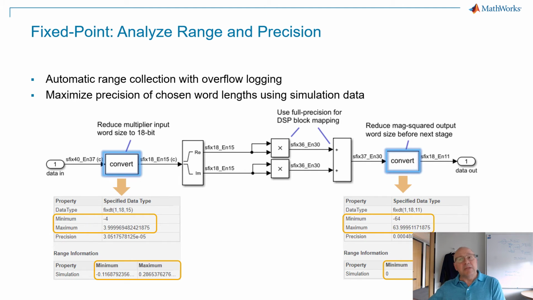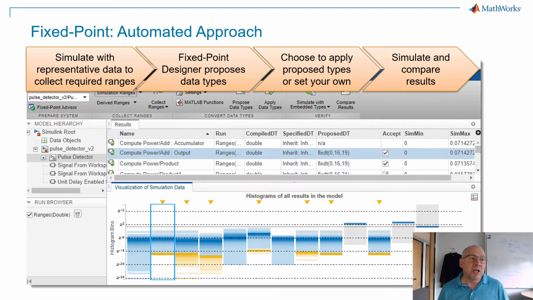So if you're really putting in representative data, no matter where you got it from, other simulations, you constructed it artificially, or maybe you acquired it from some other source, now you can look at the ranges and make engineering decisions of how much precision you want to retain. So that's what we would call the manual approach, though it's aided with the use of Fixed-Point Designer tool from MathWorks. But we also have a fully automated approach.